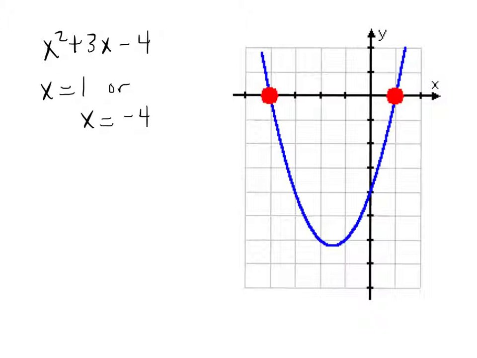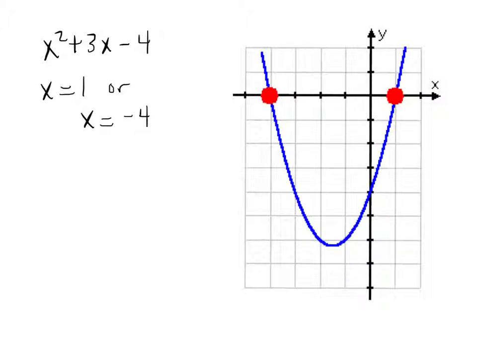Remember that when you're solving a quadratic function, whether you're using your graphing calculator, graphing it by hand, factoring, completing the square, or using the quadratic formula, these solutions that you get, in this case x equals 1 and x equals negative 4, are where the graph crosses the x-axis. So I've already graphed the function x squared plus 3x minus 4 using my graphing calculator, and I've identified the x-intercepts here.